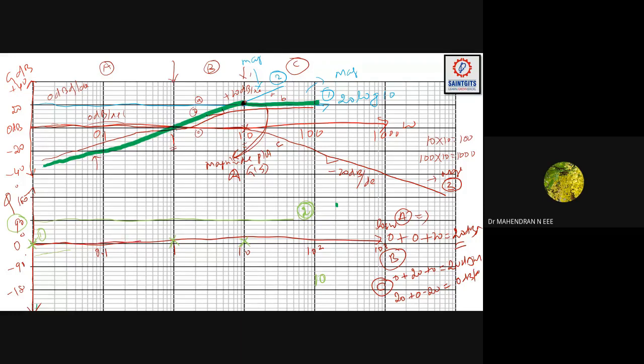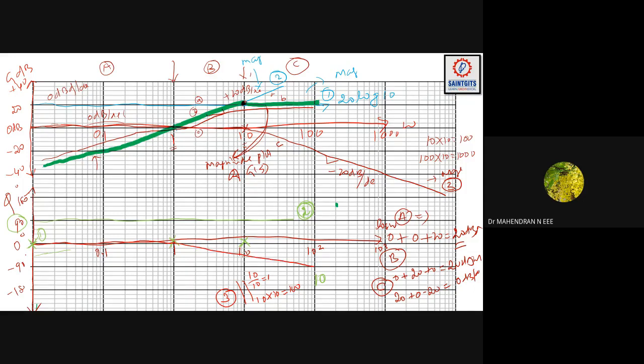Here, we have to put some assumption. So 10 by 10 is equal to 1, so the curve should start from here, and 10 should be multiplied by 10, and it will be 100. So this is the assumption for the third term. So what will happen? It will go like this.